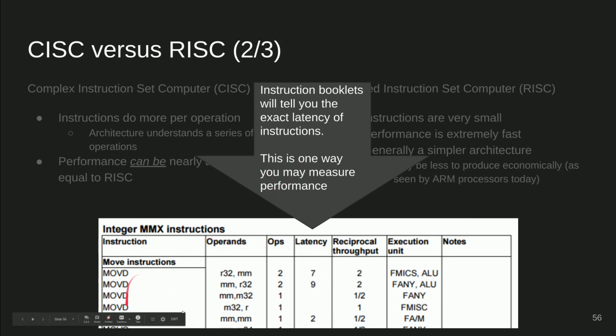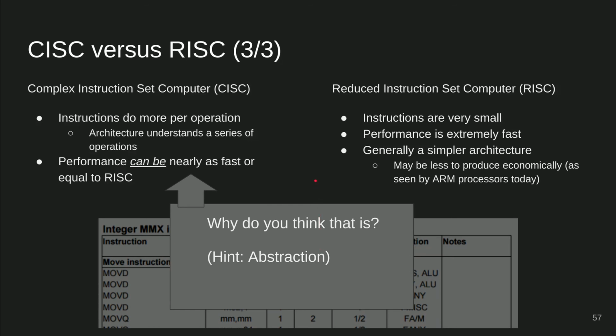And you can look at the actual Intel and AMD hardware to see what these assembly instructions are, whether they're complex instruction set (CISC) or RISC instructions, and how long they actually take. So you can figure out how fast things are on your machine, which is kind of cool. And a little trivia here: why would you think complex instruction set computers can have performance almost as fast as RISC?